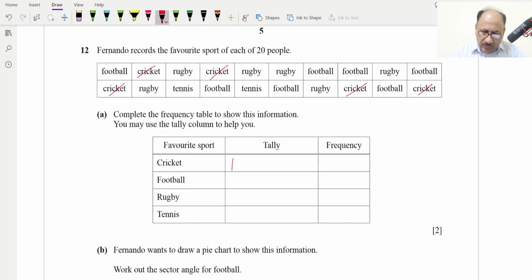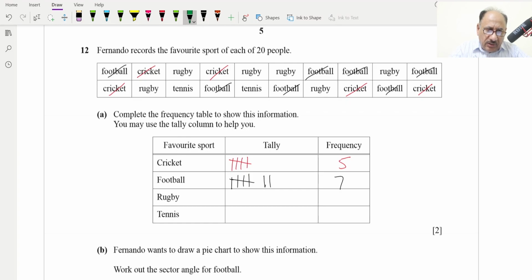So we can make lines like 3, 4 and the fifth one will be this one. So frequency will be 5. And for football we can cross like 1 and 2, 3, 4, 5, 6 and 7. So 7 will be football.